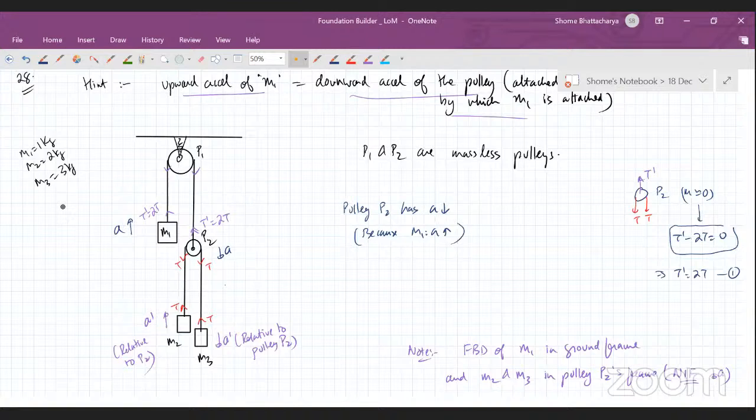And from that, I'll tell you finally how we'll get the acceleration of M2 and M3 in the ground frame. Okay, we'll discuss about that also. But have you done this question, this 28th one?